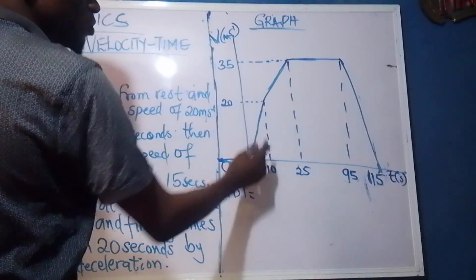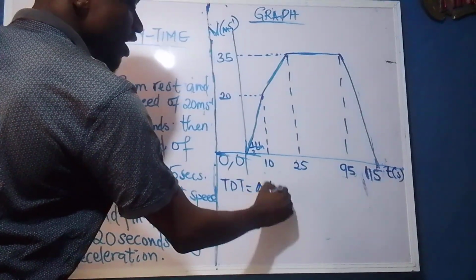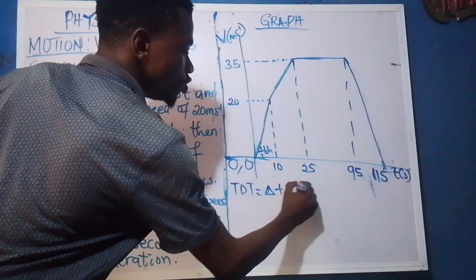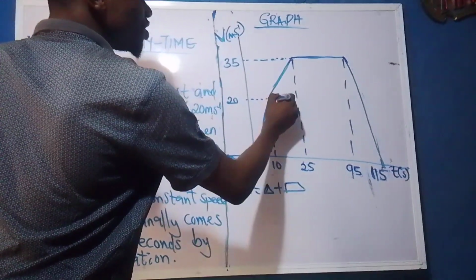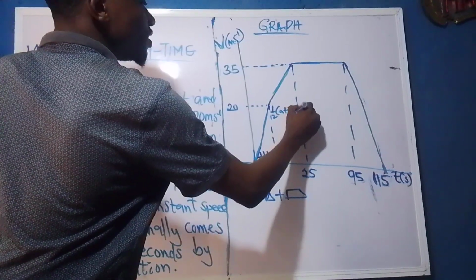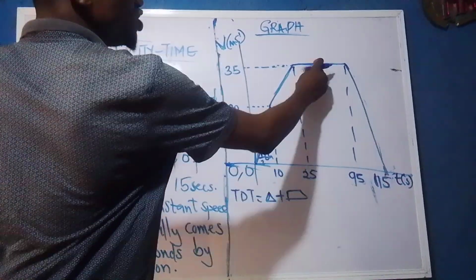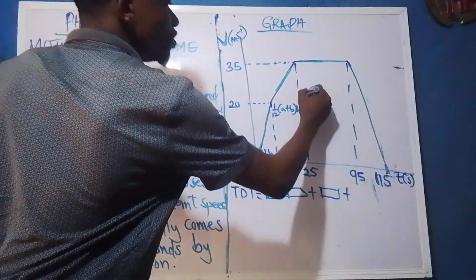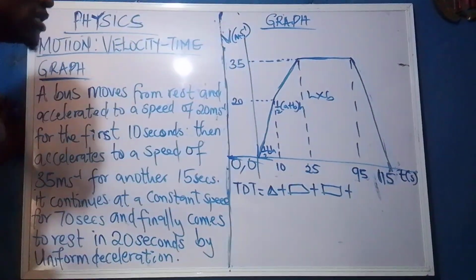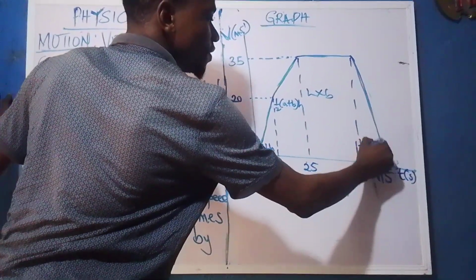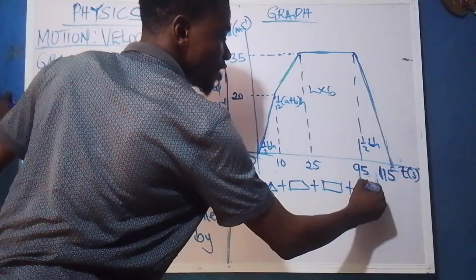This is a triangle plus, so you're adding it, triangle plus this shape now is a trapezium. So you find the area of a trapezium, which is half bracket a plus b close bracket h. Then this one is a rectangle, so you add it, a rectangle, which is length times breadth. Then this one also is a triangle, which is half base times height.